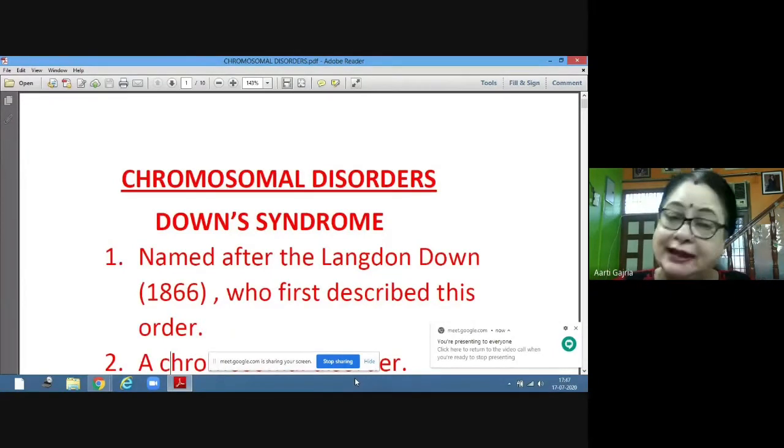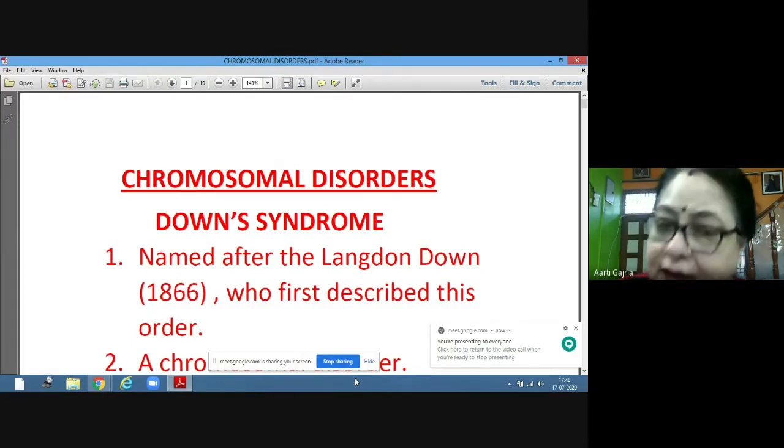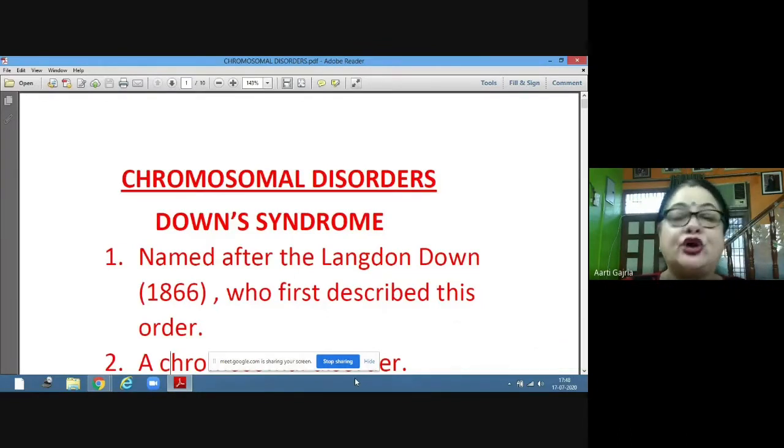Mendelian disorders result from the mutation of one gene, and that gene affects the individual or causes the defect or disorder. Here, in Mendelian disorders, the inheritance follows the principles of inheritance that Mendel gave.